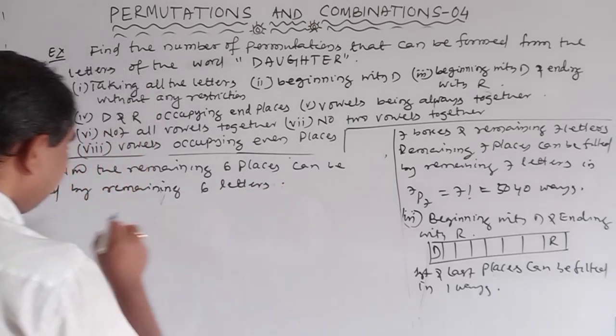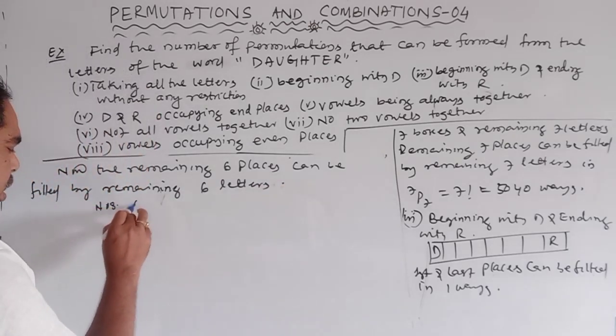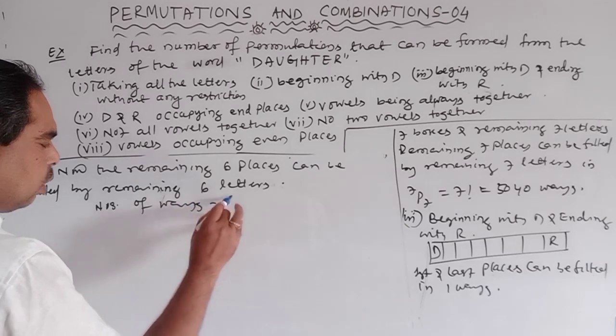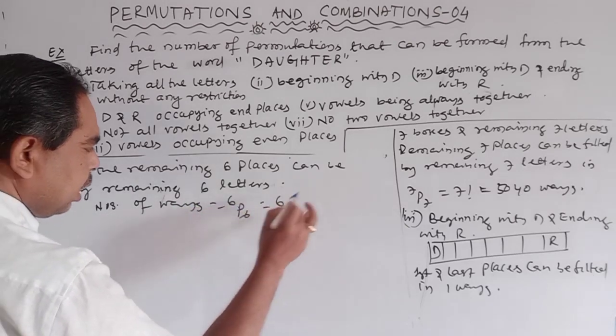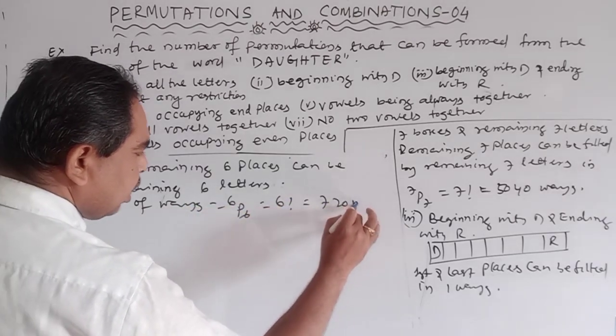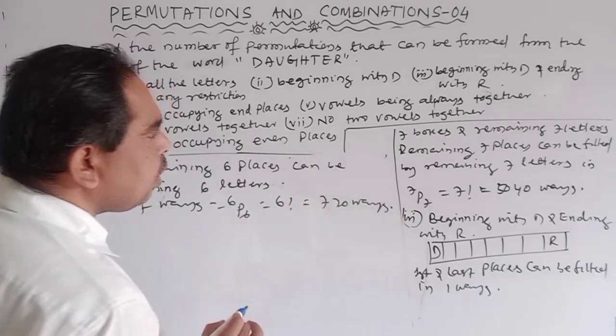Okay, so the number of ways is 6P6, that is 6 factorial, 720 ways. Okay, so question number 3 is over.